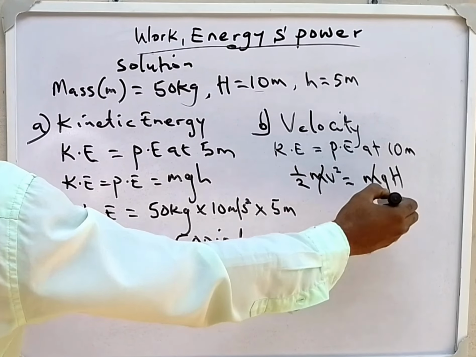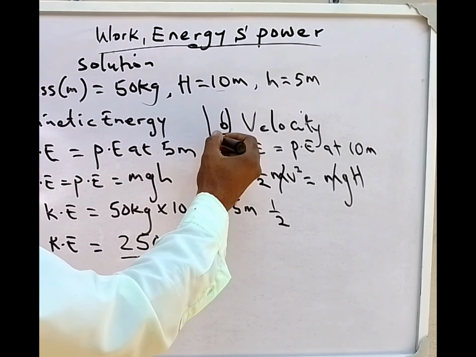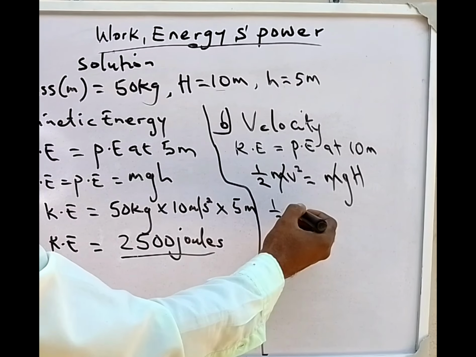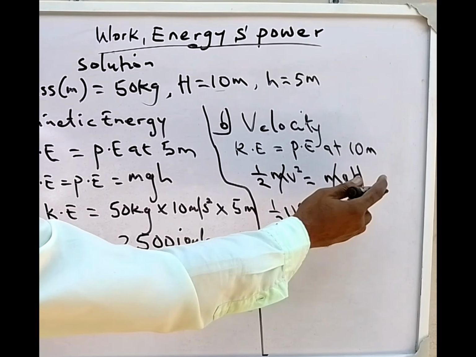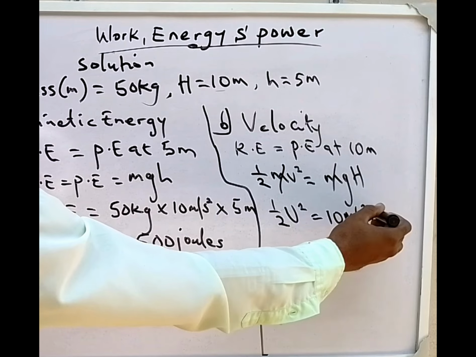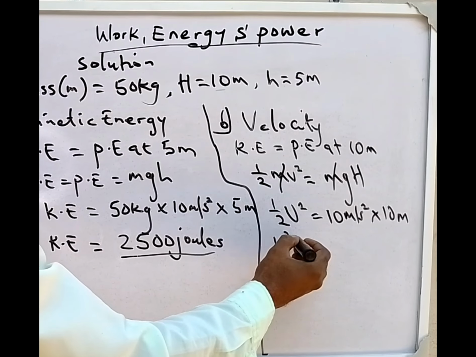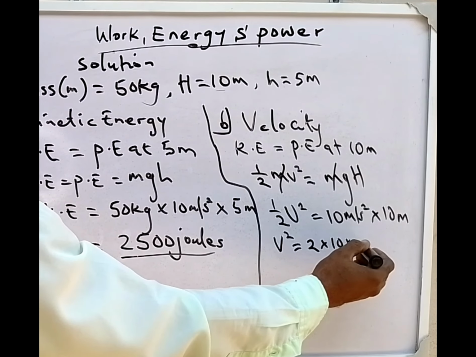M here cancels M. So I now have 1 over 2 v squared is equal to g, which is 10 meters per second squared, times 10 meters. So we now have that v squared is 2 times 10 times 10.